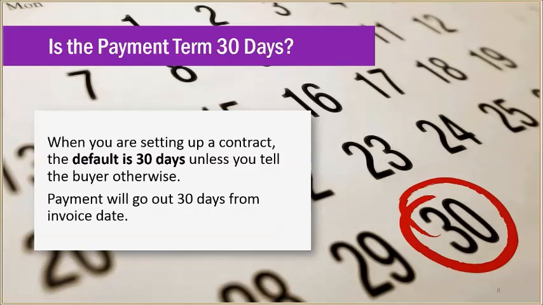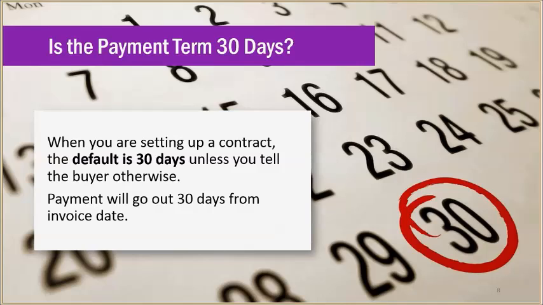Also, when the requisition is created, you can make a note to the buyer in a box that you see as a requisitioner to go ahead and change the payment terms to perhaps pay immediately if you need this particular invoice or purchase order to go through right away.